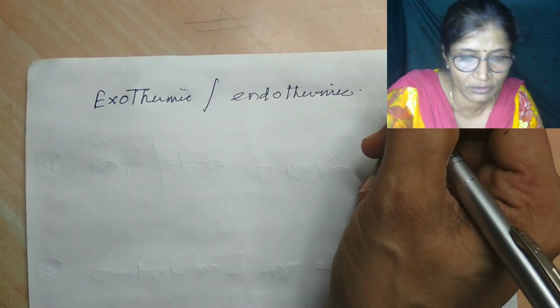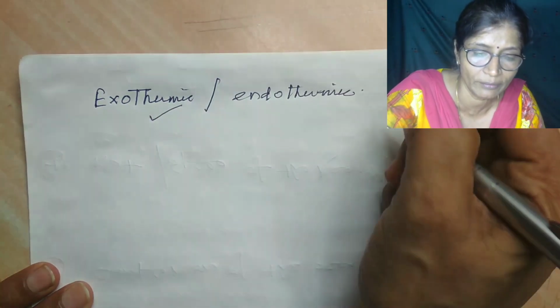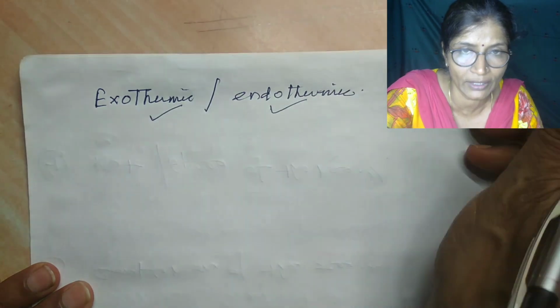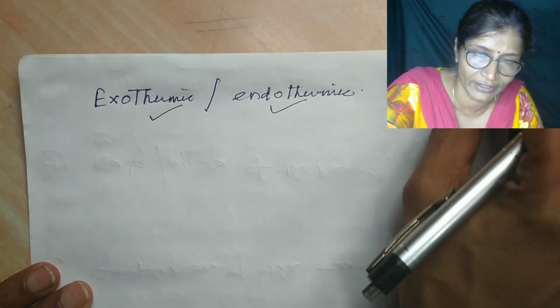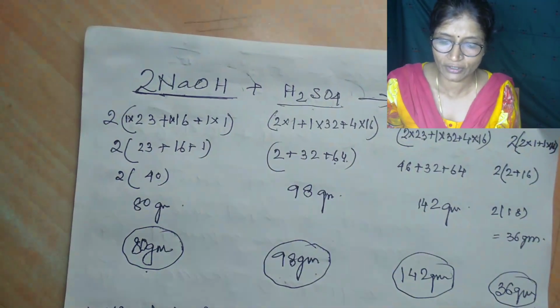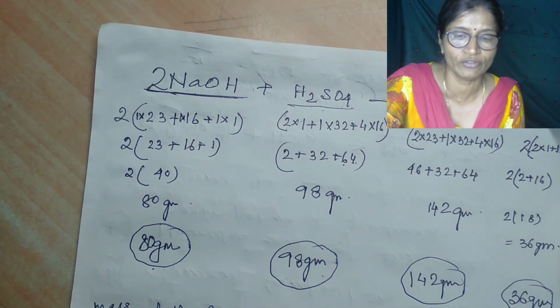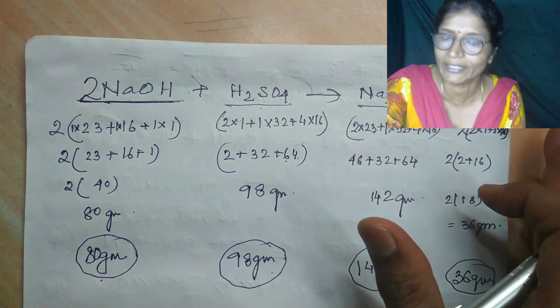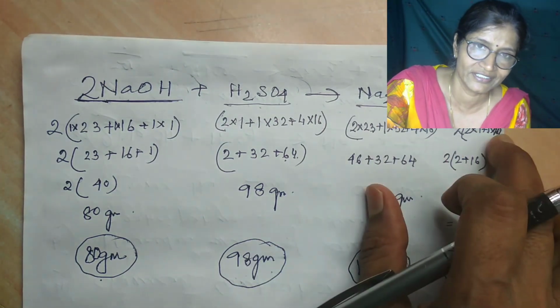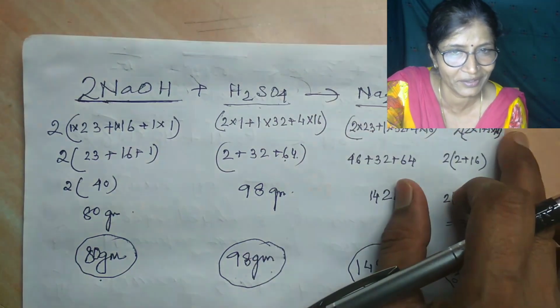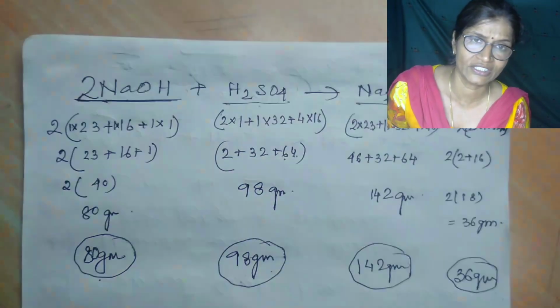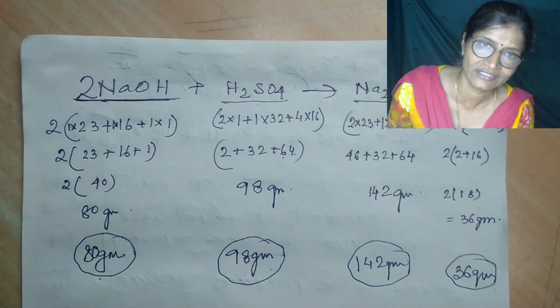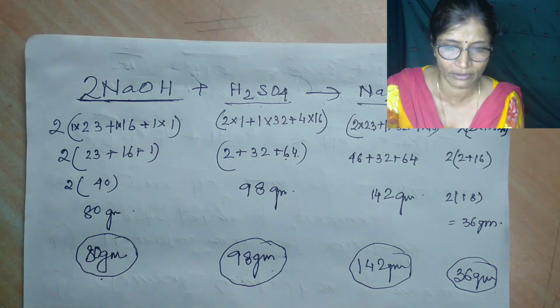The reaction which produces heat is known as exothermic, and the reaction which requires heat is the endothermic reaction. Here, in sodium hydroxide reacts with sulfuric acid, is anything mentioned, whether it is exothermic or endothermic? No, it is not mentioned. So the equation won't help us know whether the reaction is exothermic or endothermic.